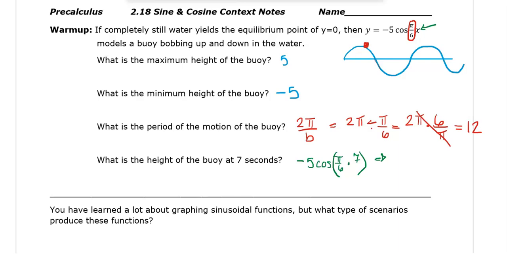That's something I could do without a calculator. 7 pi over 6 is in my third quadrant, the first pi over 6 just beyond pi, and cosine there is -√3 over 2. So I have -5 times -√3 over 2, and when I multiply that out, I end up with a positive 5√3 over 2.